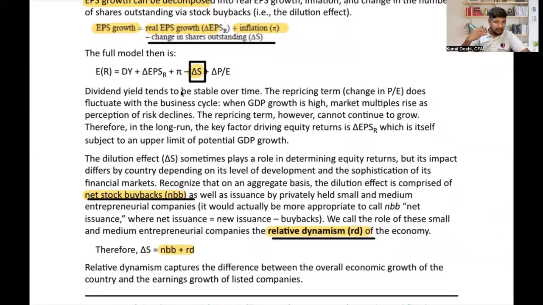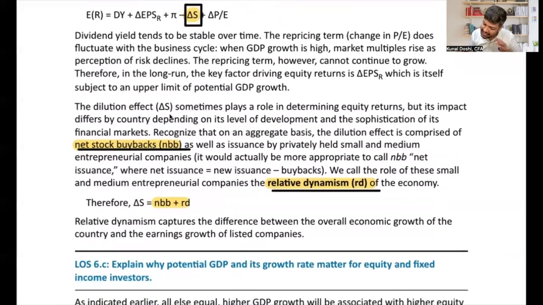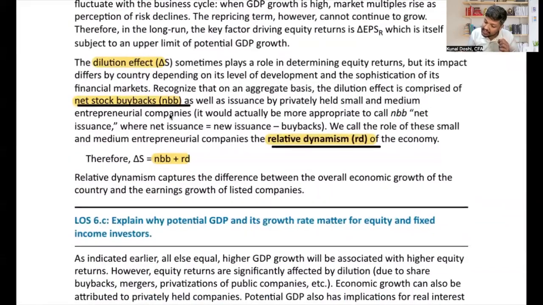When the company does buyback, the number of shares will decrease. So earnings per share will increase, isn't it? The change in S, called the dilution effect, sometimes plays a role in determining equity return, but its impact differs by country depending on the level of development and sophistication.